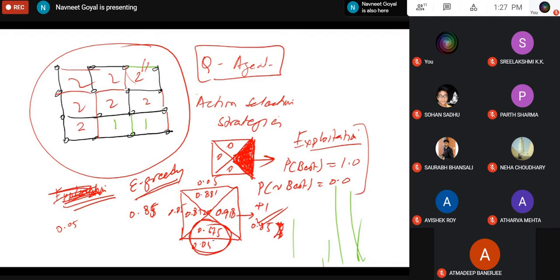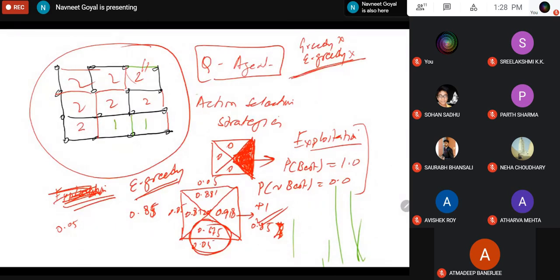So you understand the problem with epsilon greedy, right? First of all, you need to understand the problem with greedy also. Greedy has no exploration, so that's a problem. In epsilon greedy, there is exploration, but there are chances that I'll choose the worst option that is possible. So how do I fix these problems?